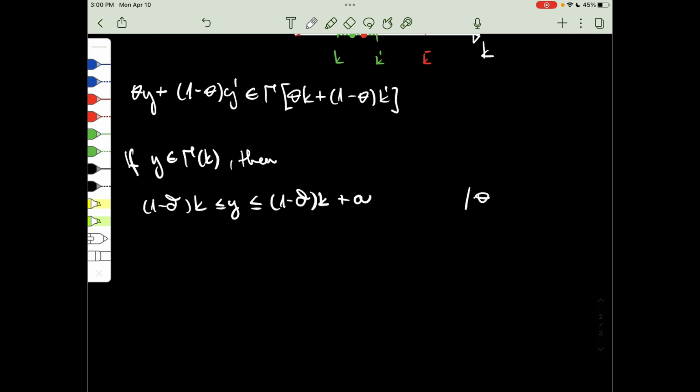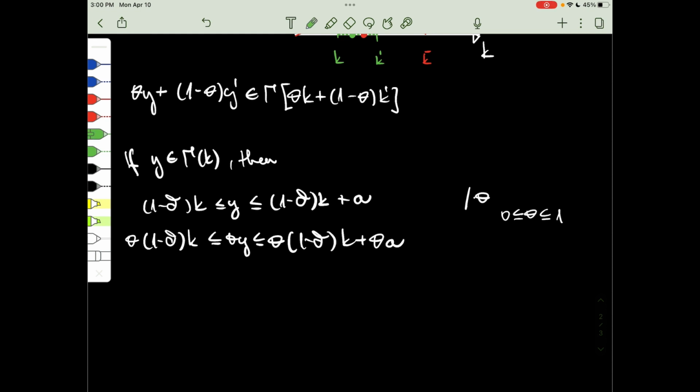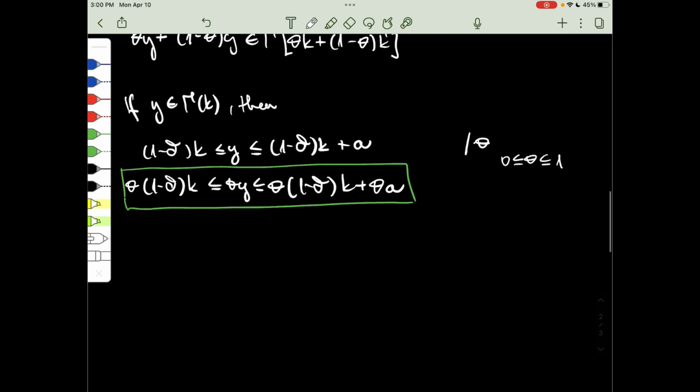And if we multiply this system of inequalities by an appropriate parameter, we will have this system of inequalities. And at this point, let's put these inequalities aside for a second.